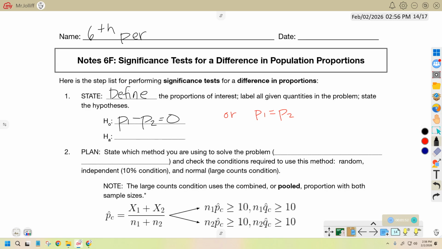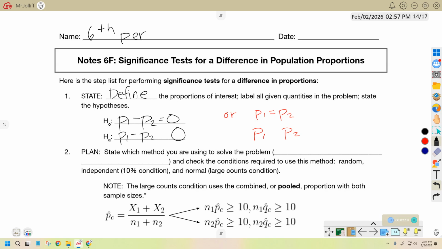Alternative, we know that the parameter should be the same. So this should also be a P1 minus a P2, or a P1 and a P2. If numbers show up, the numbers should be the same. The question is, what goes between the parameter and the number?